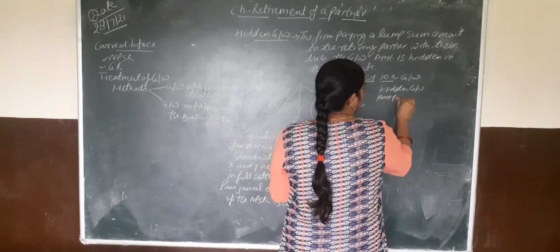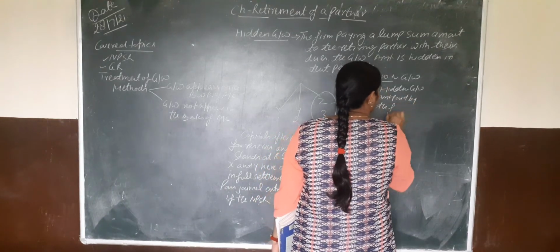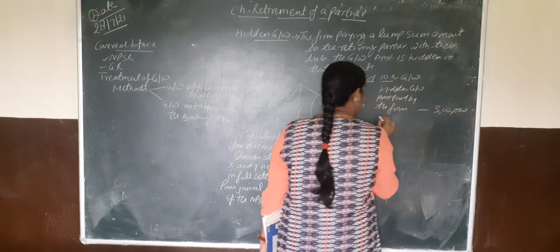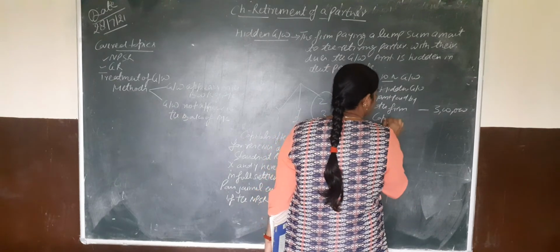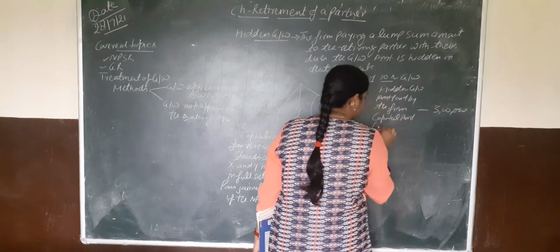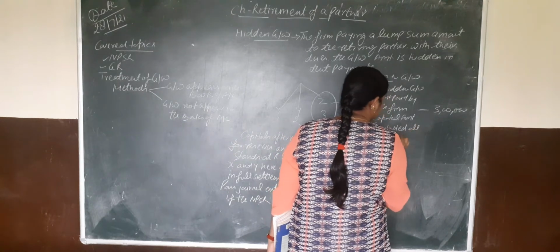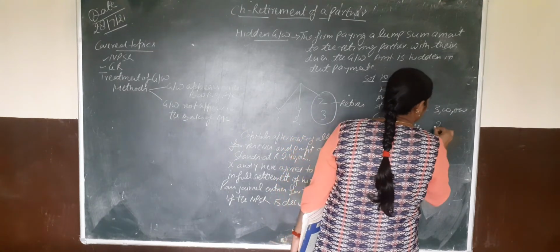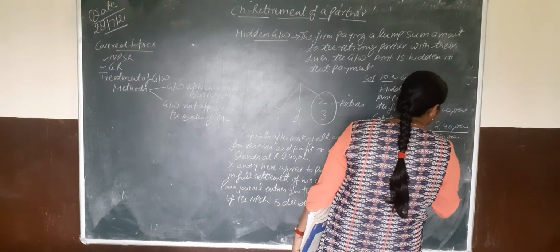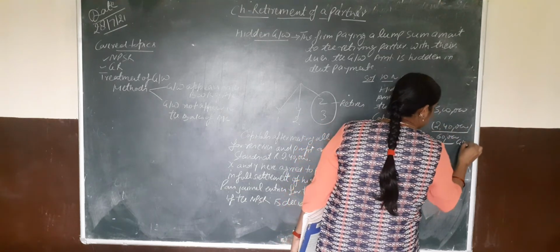Amount paid by the firm is 3 lakh, and the capital amount including all claims is 2,40,000. So according to this, 60,000 rupees is the excess.